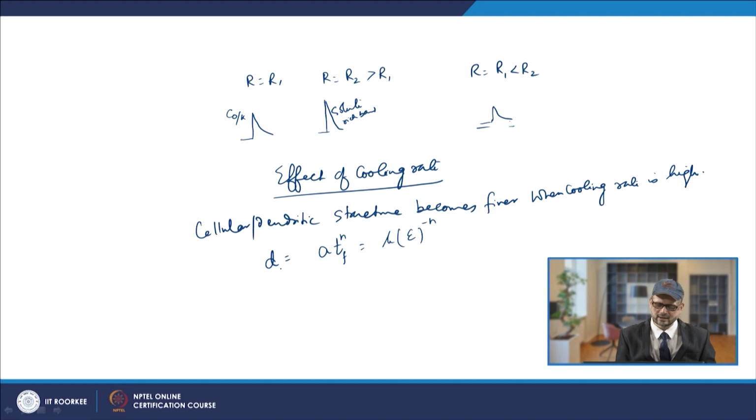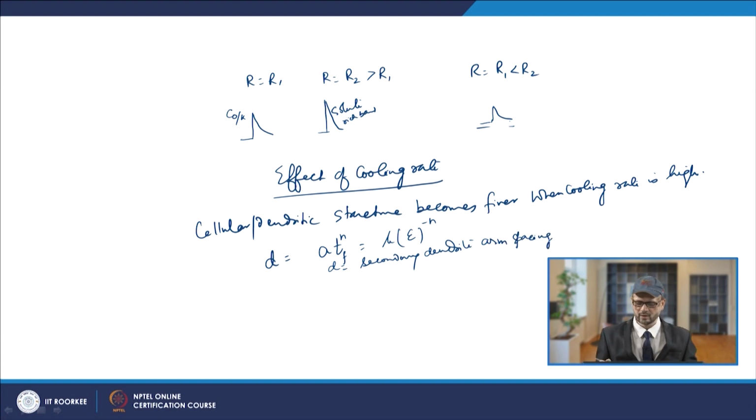So, D is the secondary dendrite arm spacing, TF is the local solidification time, epsilon is the cooling rate, and A and B are the proportionality constants.